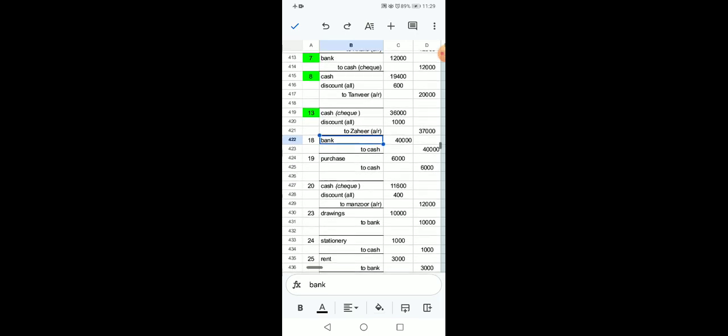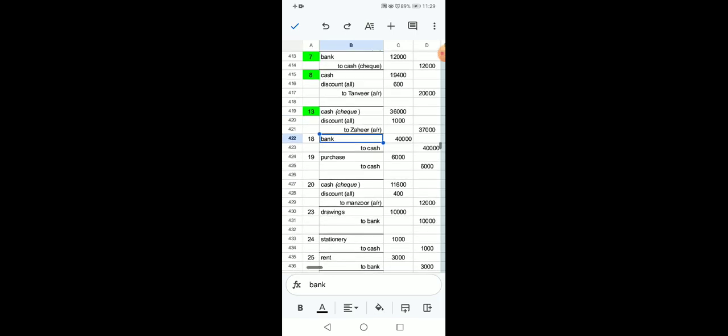Next entry is 18th. There are 2 elements in the 18th entry and both are associated with the cash book. So step by step we will go, as we are seeking only 3 elements: cash, discount and bank. There are 2 elements over here, bank and cash, both related with the cash book. First step is to post bank. Bank is debited 40,000.